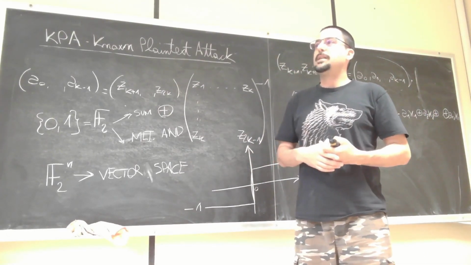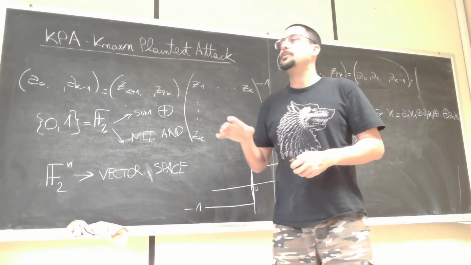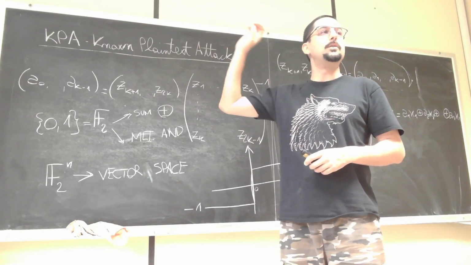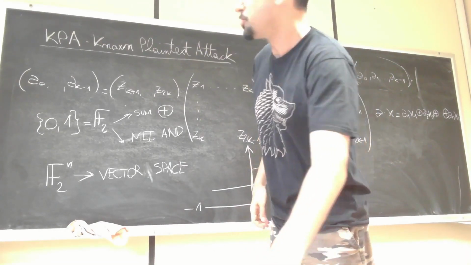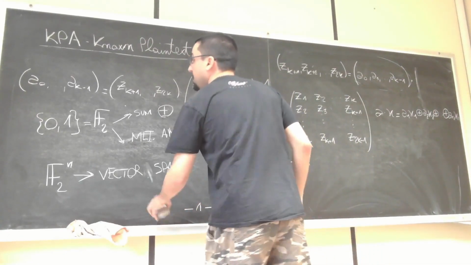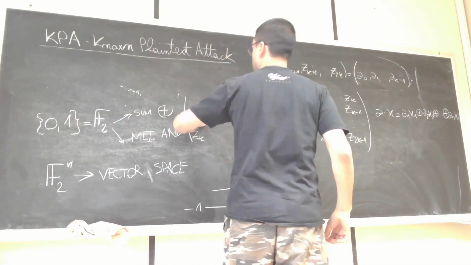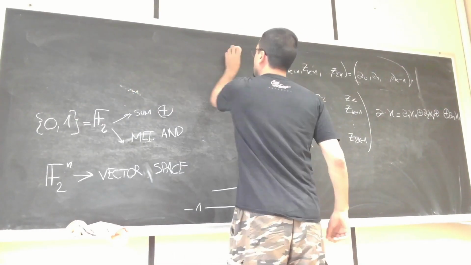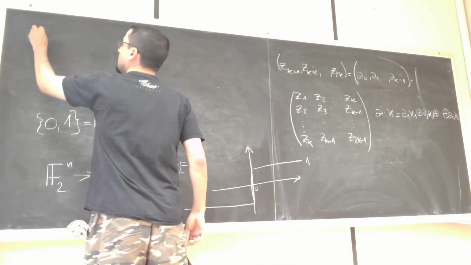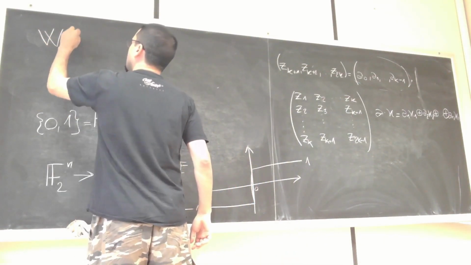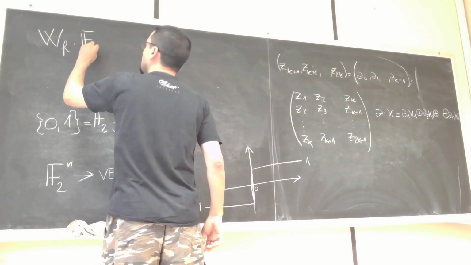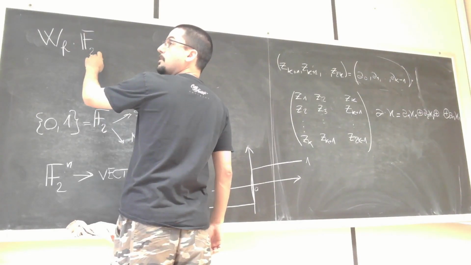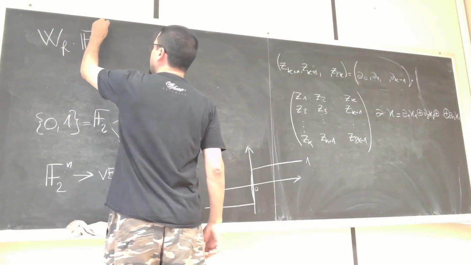So the problem with the Walsh transform is that, contrary to the algebraic normal form, it is not a unique representation of Boolean functions, because the Walsh transform is mapping from F2 to the 2 to the n, basically.